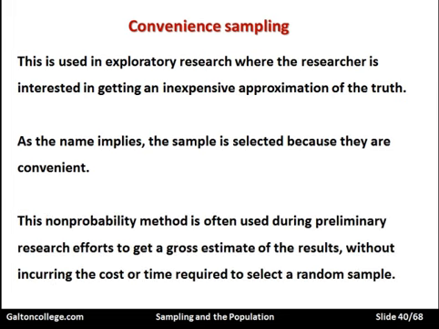It's just a convenient way of getting data. It's a non-probability method. It's often used during preliminary research efforts to get gross estimates of the results without incurring the cost or time required to select a random sample. So it gives a very rough idea. But care must be taken because it is possible to get a very distorted picture from convenient sampling.